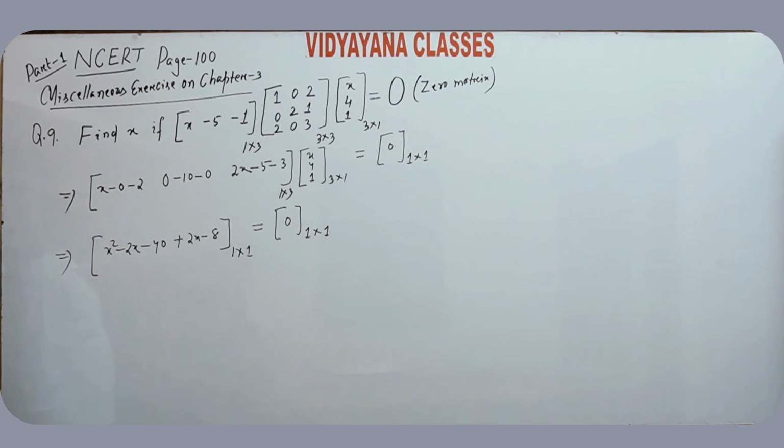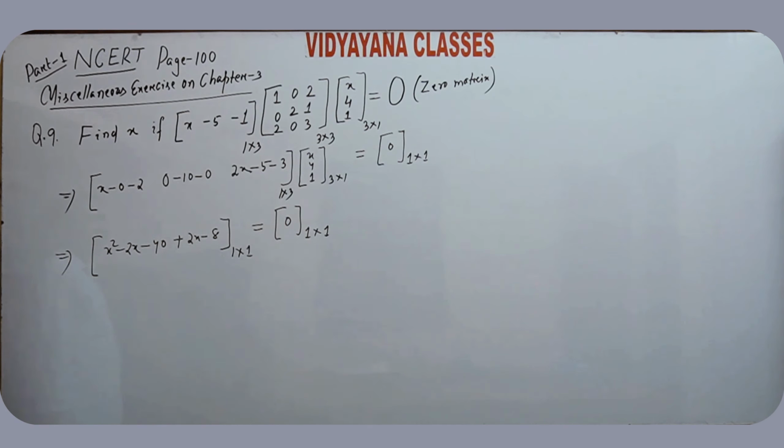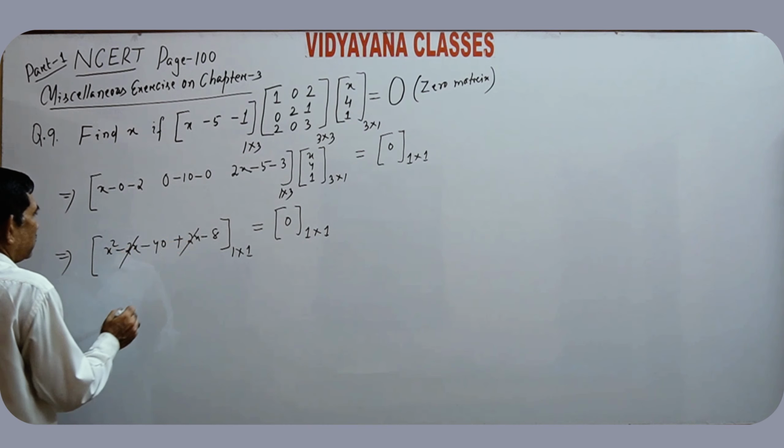Clear? Now two matrices are equal if their corresponding elements are equal. 2x, 2x cancel.